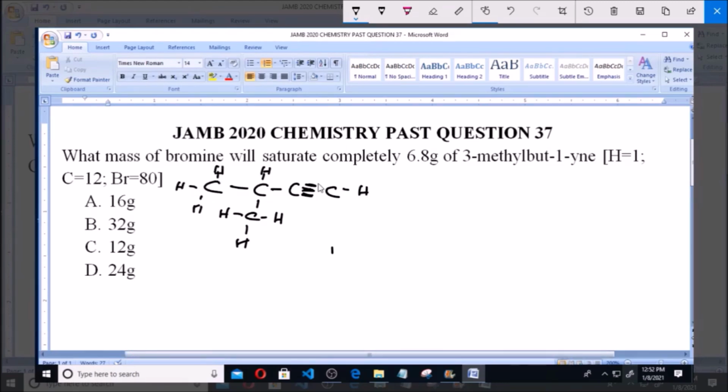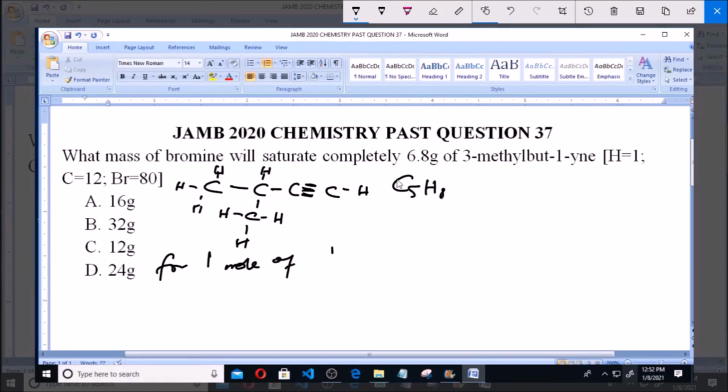Now, looking at this 3-methyl butyne, it is observed that it is an unsaturated hydrocarbon, and for it to be saturated, we have to break this triple bond into single bond, and bromine will be added across this triple bond. Now, let me give the molecular formula, which is C5H8.